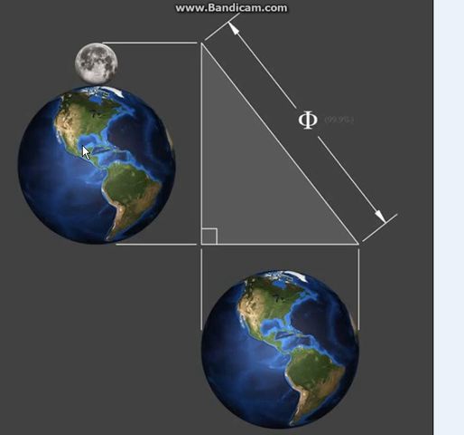So we have on the left side Earth and the Moon. When we put them one next to another, the distance between this point of the Moon and this point of the Earth can be one line of this, I would say, Pythagorean triangle, which has a right angle here.